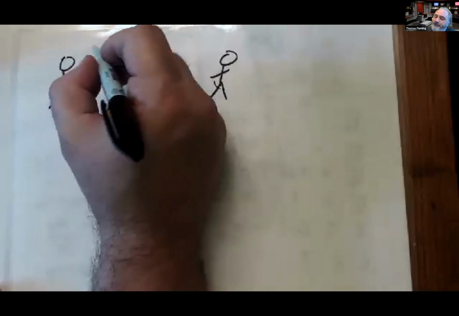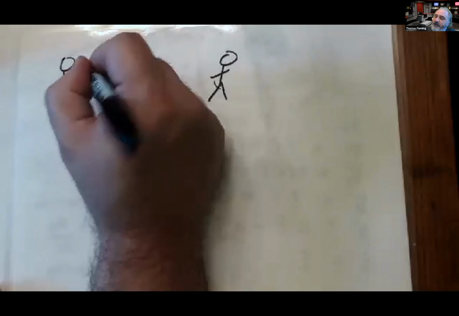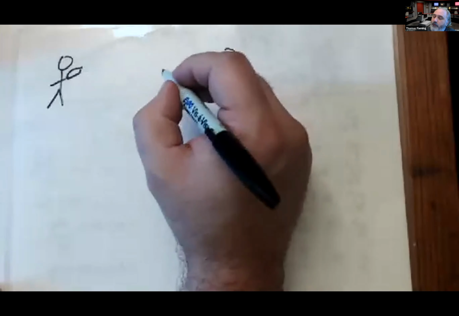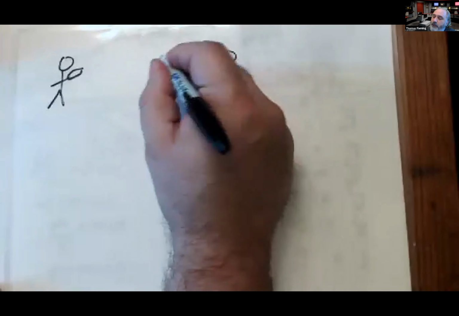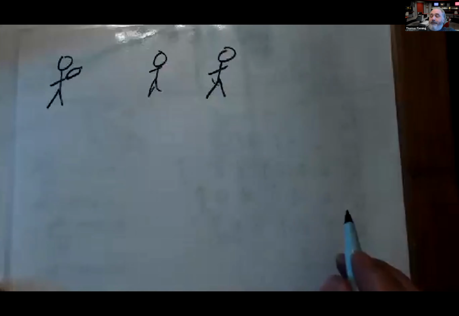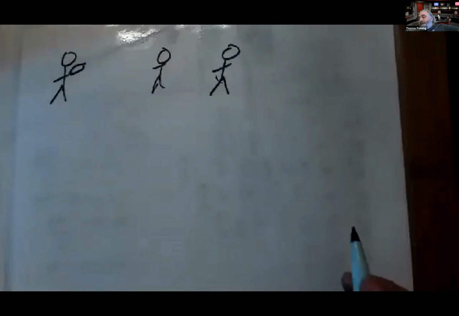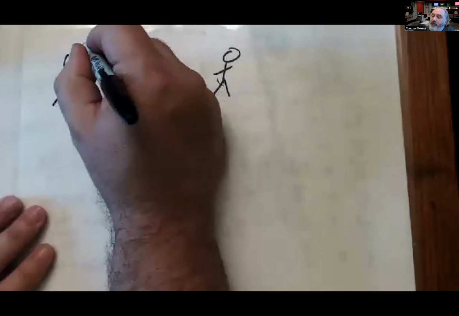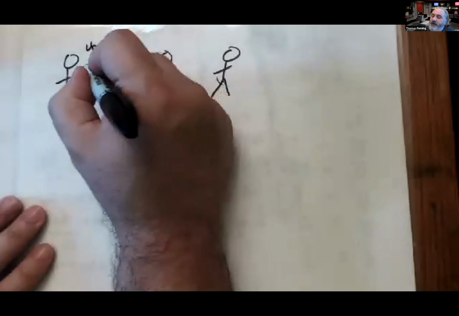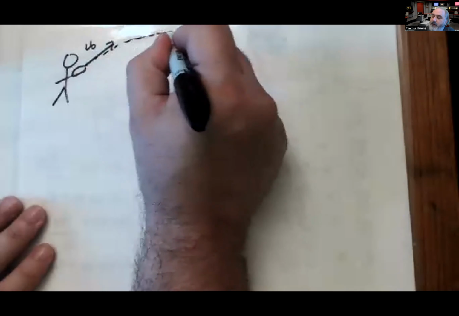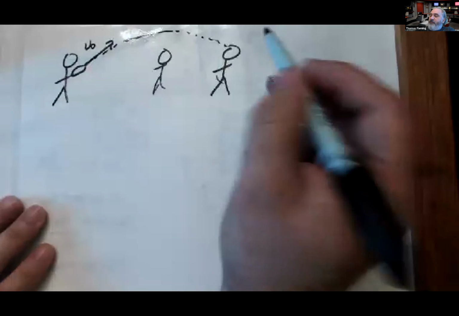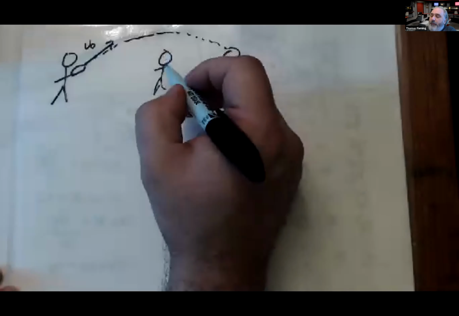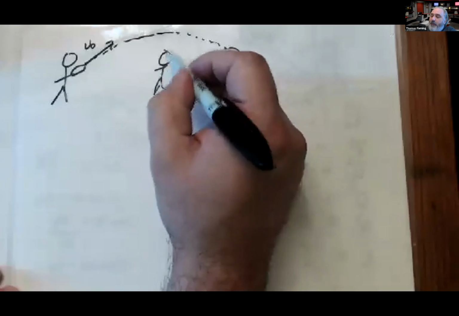But he's got to throw over some guy in the middle. So Dak throws the ball with some starting velocity. And he's trying to target this guy over here. But he wants to make sure the ball is high enough that this guy can't just jump up and grab it.